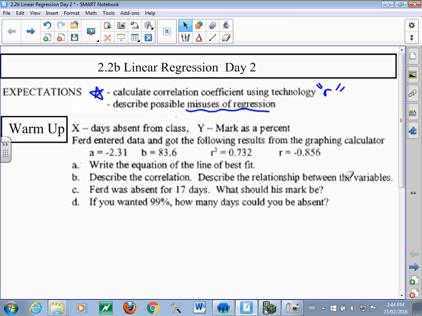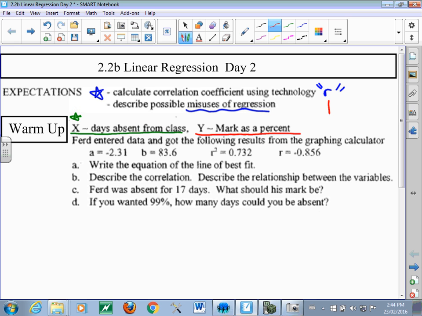All right, so for our warm-up here, we've got an example, and we've got some data. X, meaning our X-axis, is the days absent from class, versus Y, which is mark as a percentage. You could pretend the student's doing this as their accommodated project like you're working on.